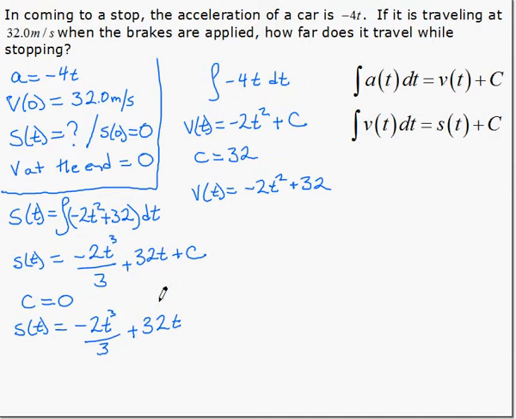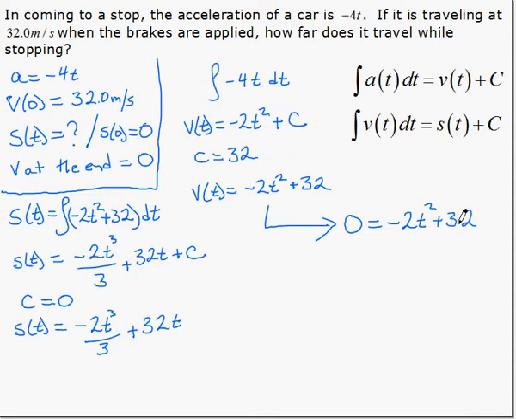Now, this is our equation for the position, but in order to know how far it travels, we need to know the time. So we need to figure out when does this car stop moving. That means the velocity is equal to 0. Using the equation for velocity then, and setting it equal to 0, we can find how long it takes for that to happen.